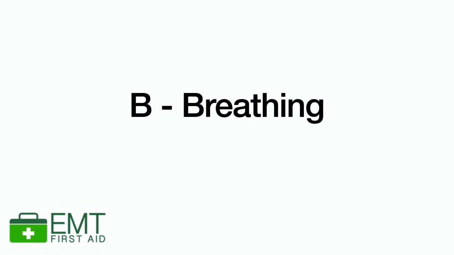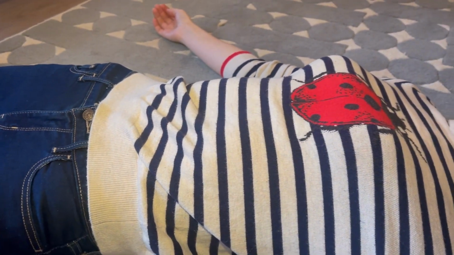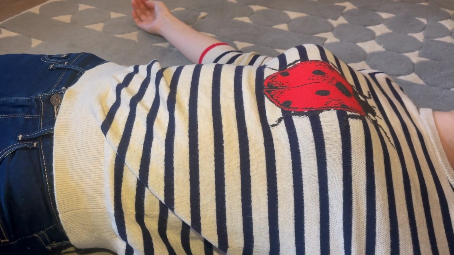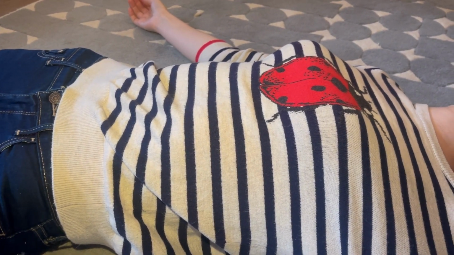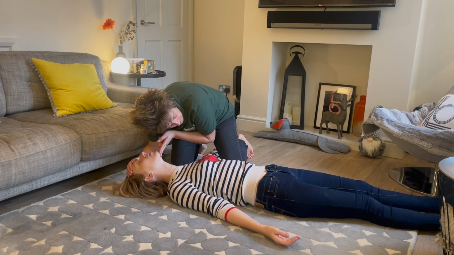I'm getting nice and low to this casualty. And I'm looking and I'm listening and I'm feeling for normal breathing. So I'm feeling with my cheek, I'm listening with my ear, and I'm looking at their belly or their torso rising and falling. And I'm checking for 10 seconds. Now if someone was breathing normally, an adult will breathe between 2 and 4 times in 10 seconds.